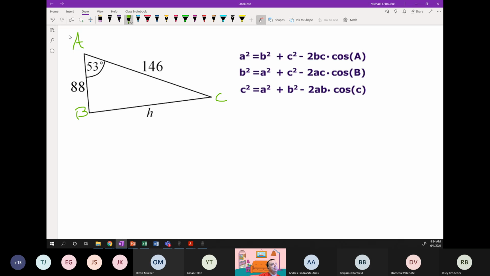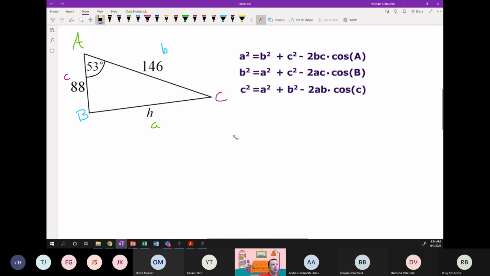Which would make, I'm going to color these up, I'm going to put a B here and a C here, which would make this side, since it's across, be side A. This side is side B, and this side is side C. Does that make sense to everybody?